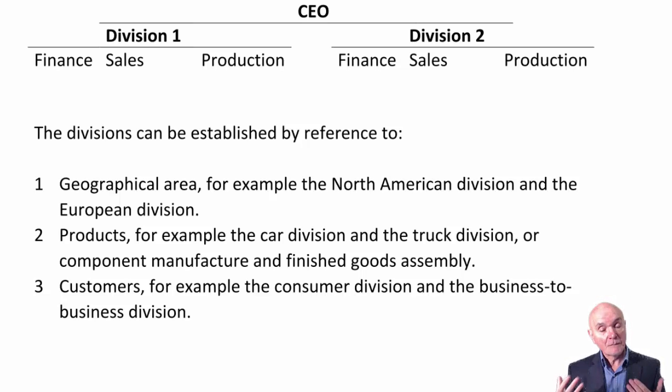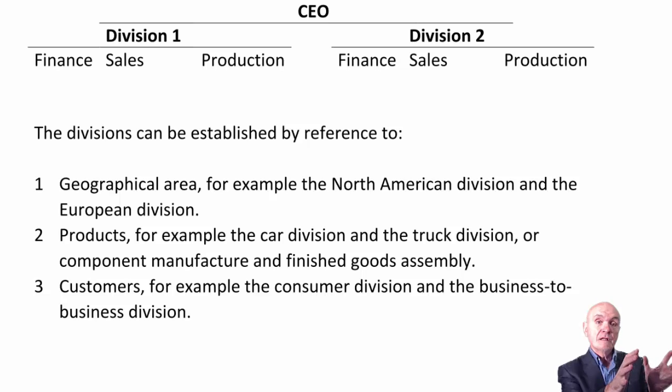And finally, sometimes they are divisionalized on the basis of customers. There can be divisions where one division sells to profit-seeking organizations, other businesses, and another division sells just to governments, because the process of winning government contracts can be very specialized.